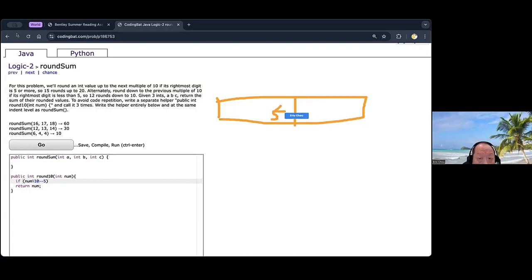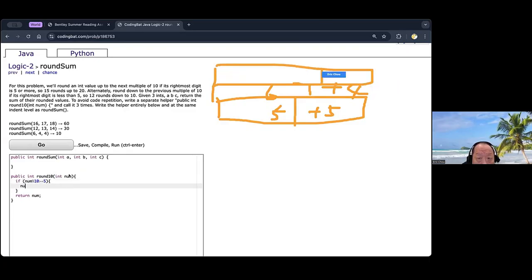You are 5, you need to plus 5, right? You are 6, you need to plus 4. You are 7, you need to plus 3. So what is this plus part?